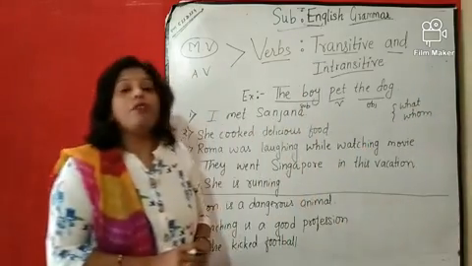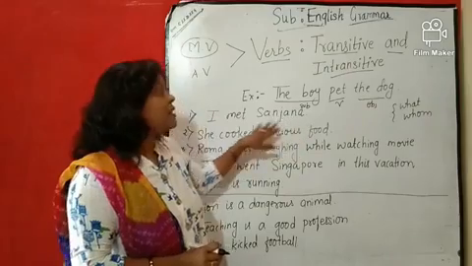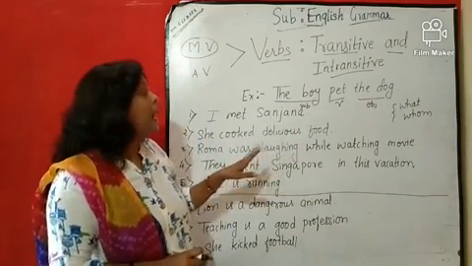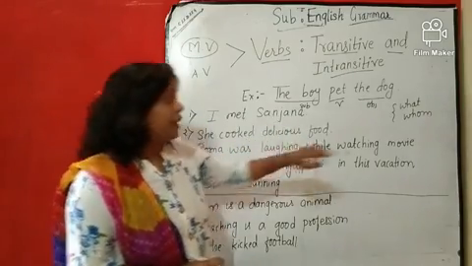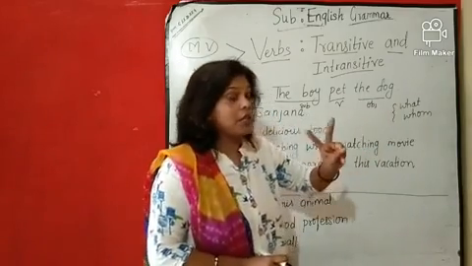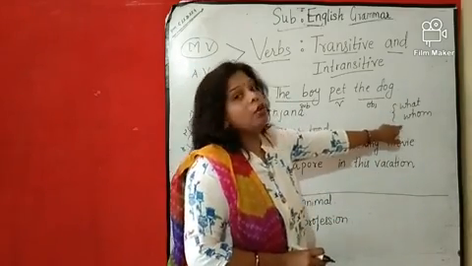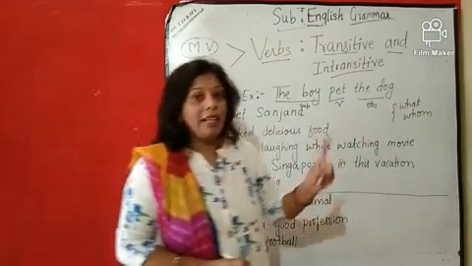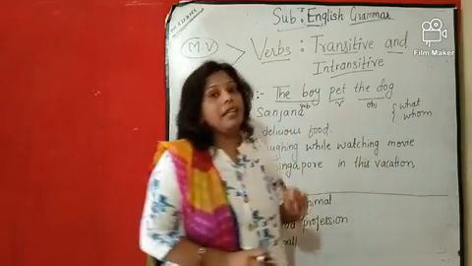If we want to find out which one is the object, we need to ask these two questions, what and whom. What is for non-living things and whom is for living things.